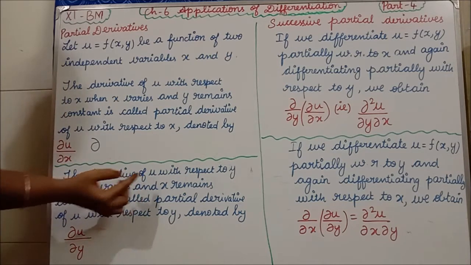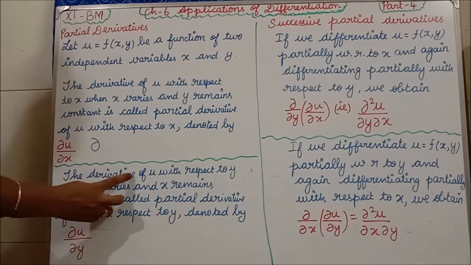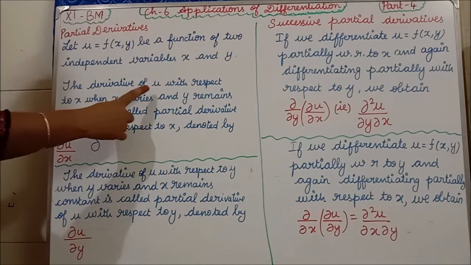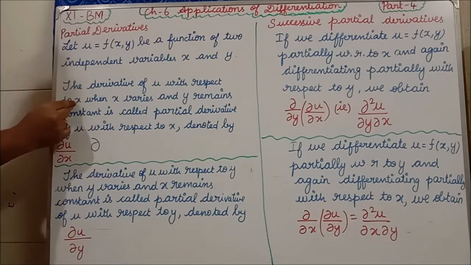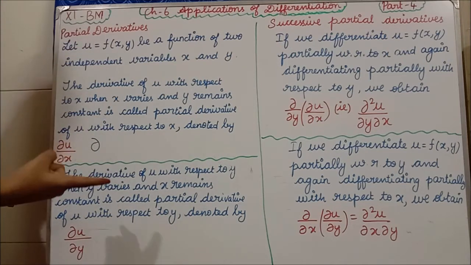The derivative, which means the differentiation, of u with respect to y. Here I have told about with respect to x, and here I am telling about with respect to y.